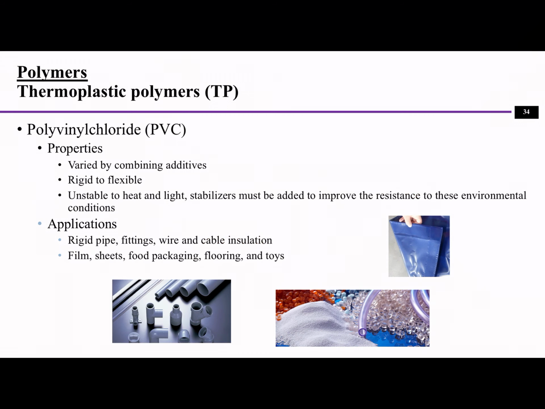PVC. When you hear about PVC, you probably think it's very strong. It's used a lot in pipes, right? In plumbing, in fittings. So that's why PVC, with its very high strength and good strength properties, is used a lot in plumbing materials, but it can also be made into very flexible materials.